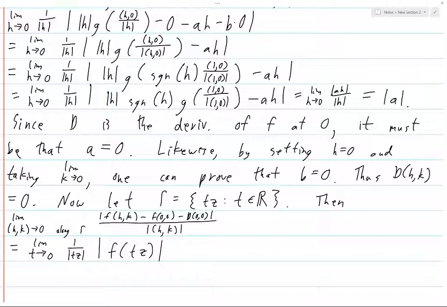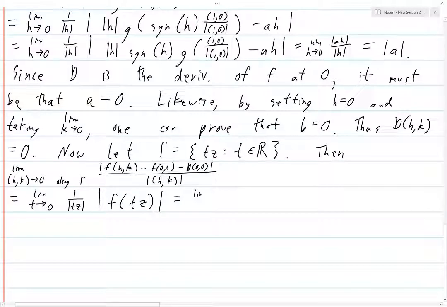So now f of tz. Wait a minute, what is this limit? What do I do now? All we need to do is take the limit as t goes to 0 of, okay, f of tz, so we've got this 1 over the norm of tz.